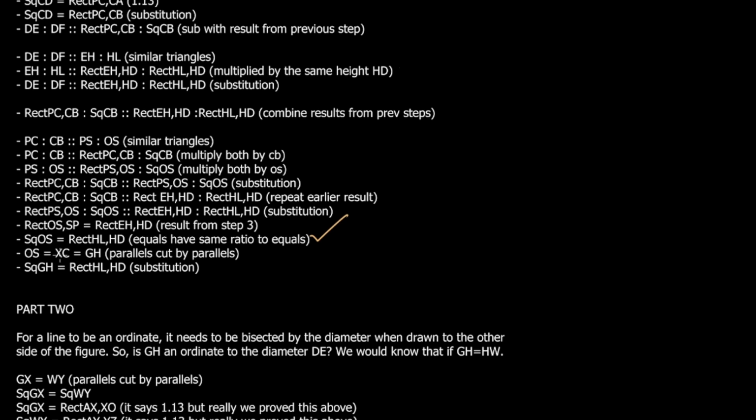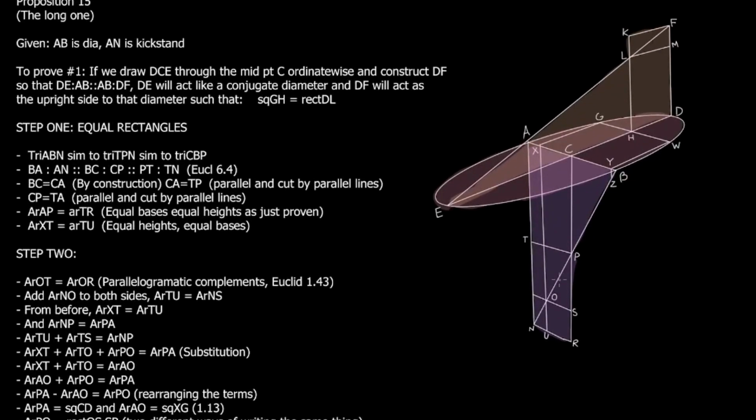Okay, let's look at OS, XC, GH. Okay, so this is drawn parallel to this. This is drawn parallel to this. These lines constructed parallel to one another. So you can sort of bridge the gap with the line XC that GH and OS are also equal to one another.